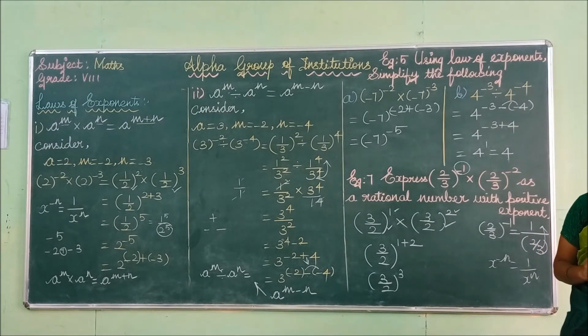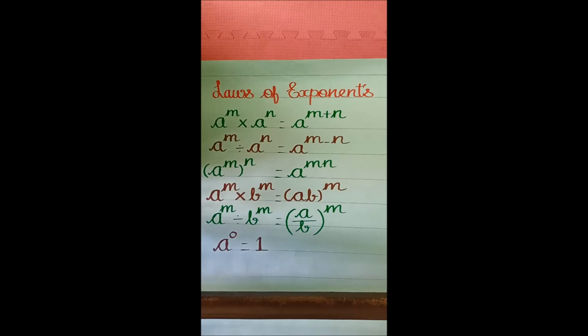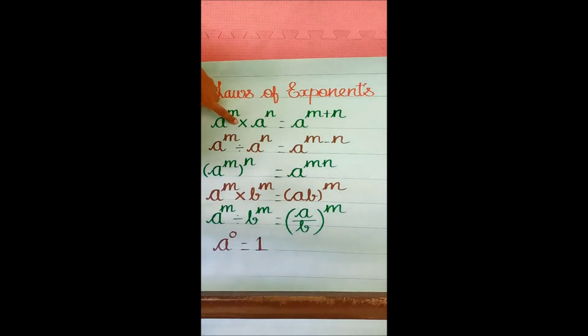After each problem you have to draw a line also. Okay, thank you children. Now we are going to the activity for laws of exponent. So listen to the formulas. A power m into a power n is equal to a power m plus n. That means if the bases are the same, a is the base here, you can add the powers. When it is multiplication, you add the powers.